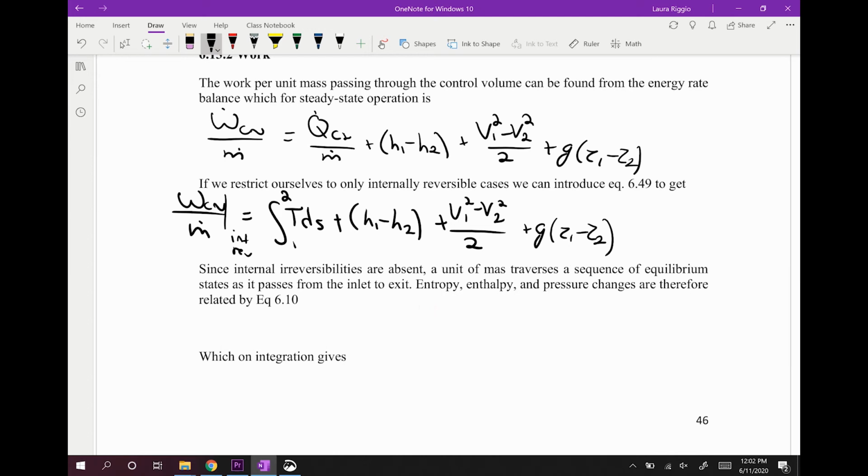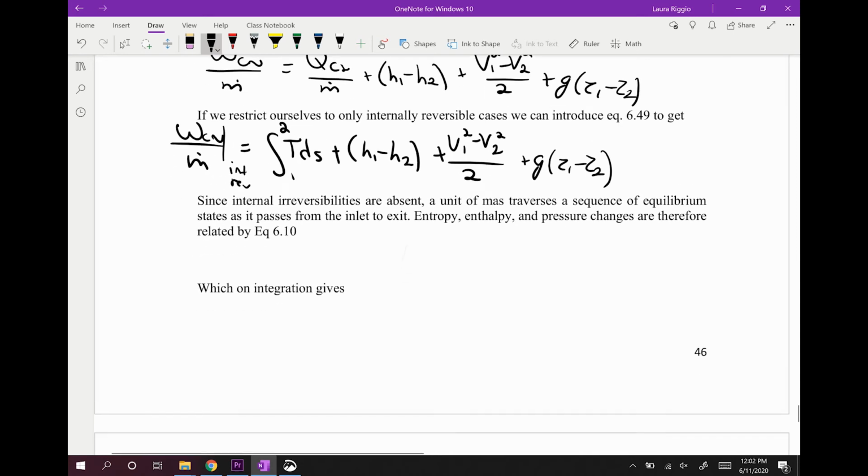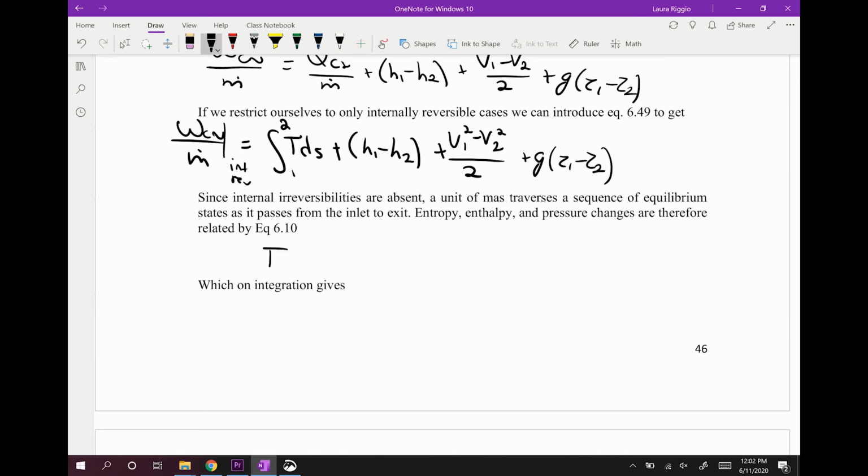Since internal irreversibilities are absent, a unit of mass traverses a sequence of equilibrium states as it passes from the inlet to the exit. Entropy, enthalpy, and pressure changes are related, so we can use our TdS equation, which tells us that the integral from 1 to 2 of TdS is equal to H2 minus H1 minus the integral of VdP.